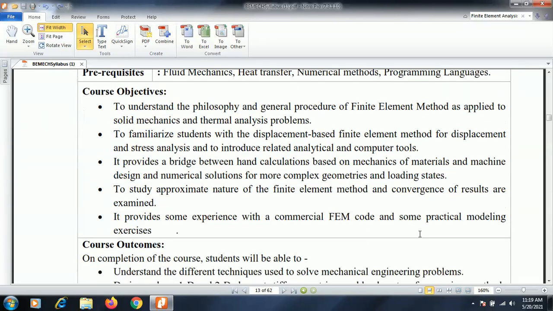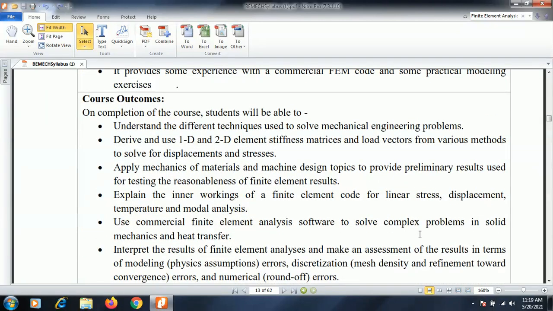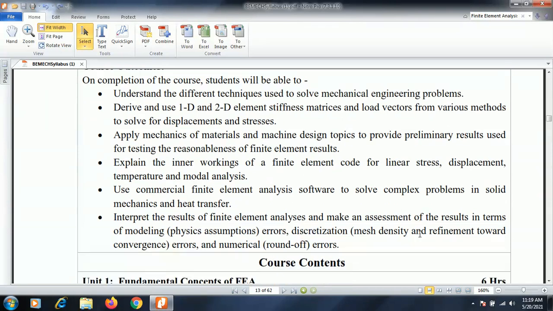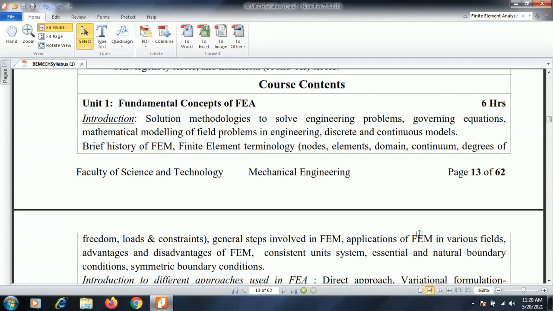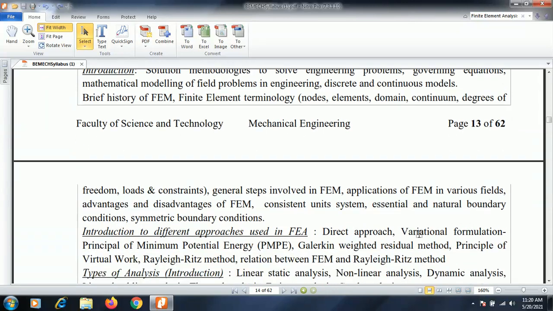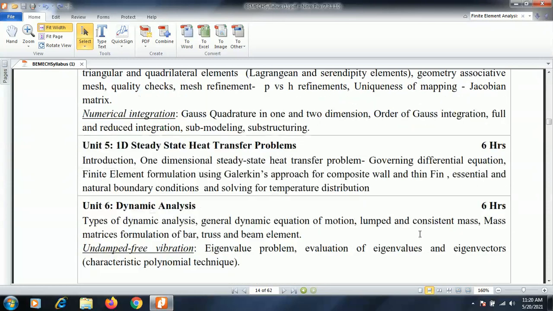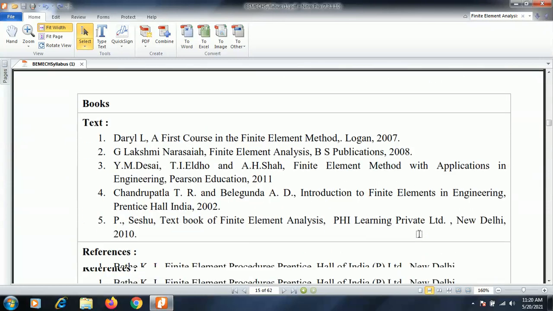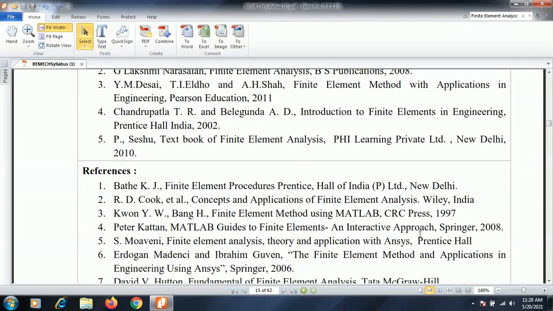So mostly it consists of design, and you are going to find out stress, strain, linear displacement, linear stress, then temperature, then modal analysis, and all those concepts you are going to revise and apply to actual problems. So this is the syllabus for it. Those who are good in design and very much interested to learn ANSYS can opt for finite element analysis.